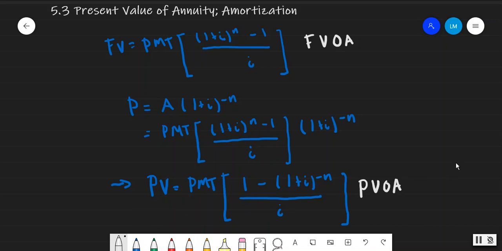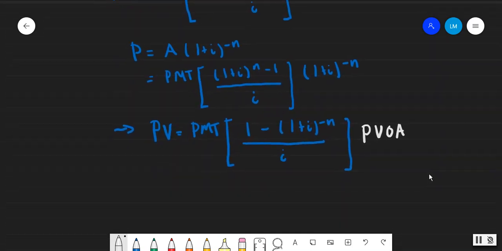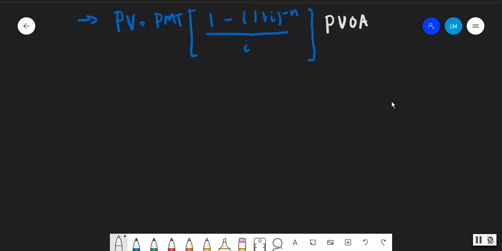The parameters such as i are the same in terms of what they represent. PV is the present value. You could also think of it as the principal, but in this case, it's the sum of all the payments.